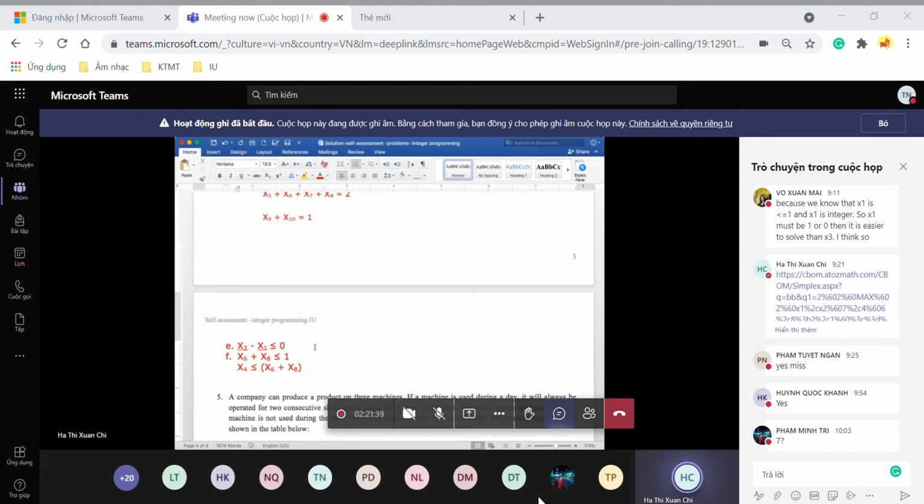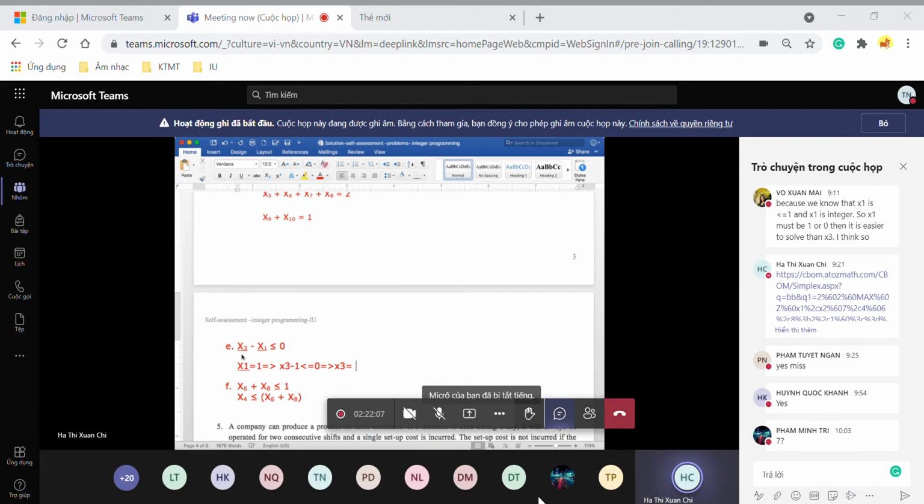Is this correct, everyone? Right now if x1 equals 1, we will have x3 minus 1 greater than or equal to 0. So x3 will be equal to what?